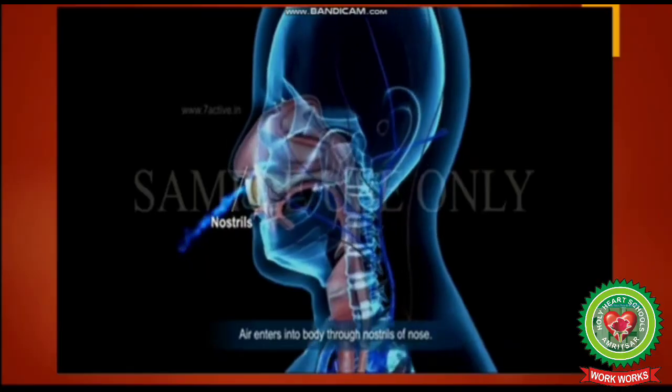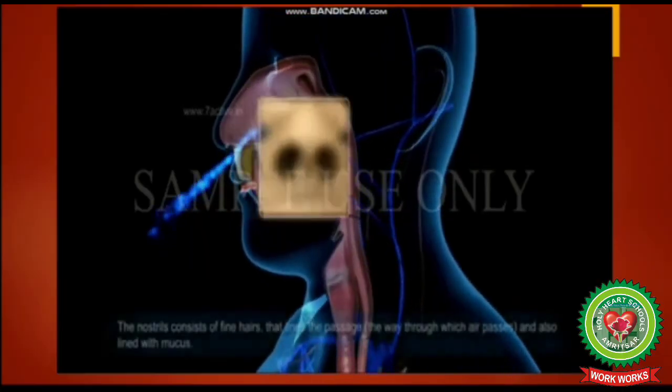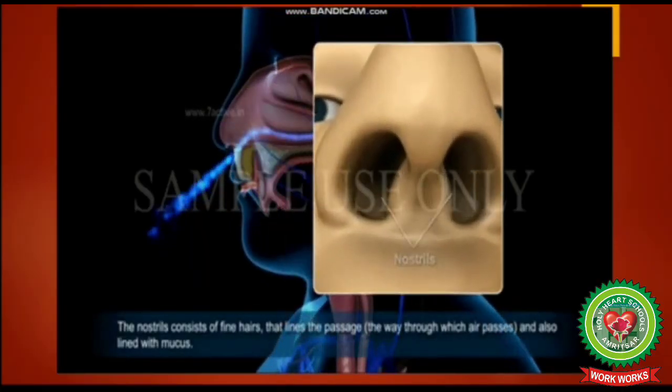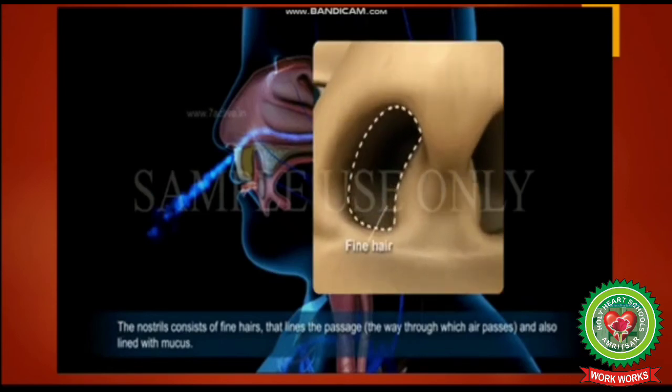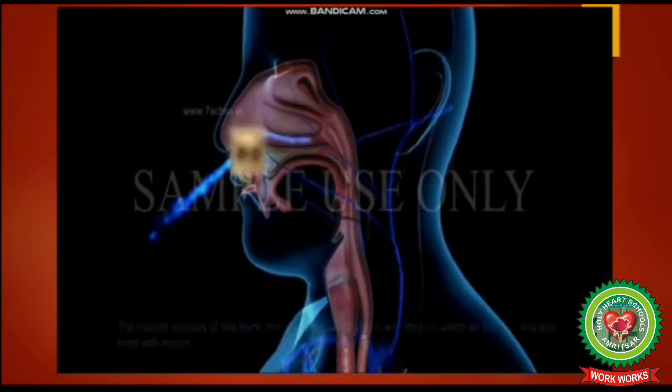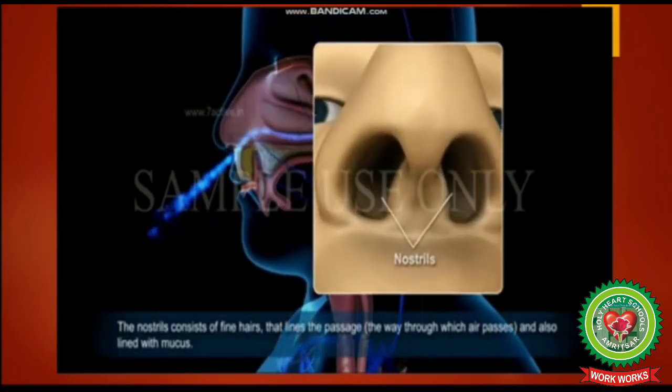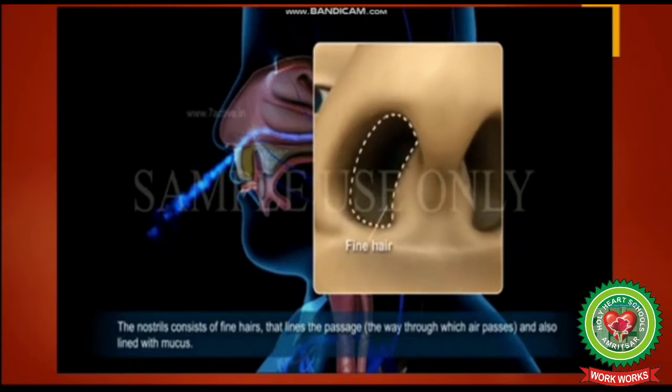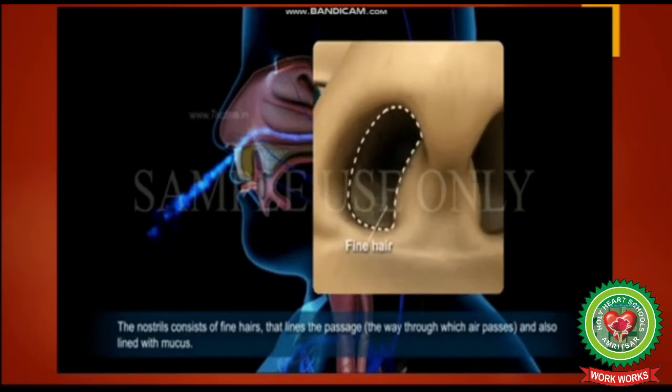Students, we breathe through the nose or nostrils. The nostrils contain hair. These hairs trap dust particles and germs and send clean air for respiration. So we should always breathe through our nose only.